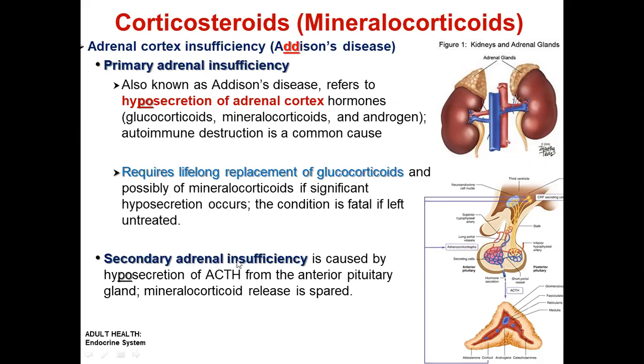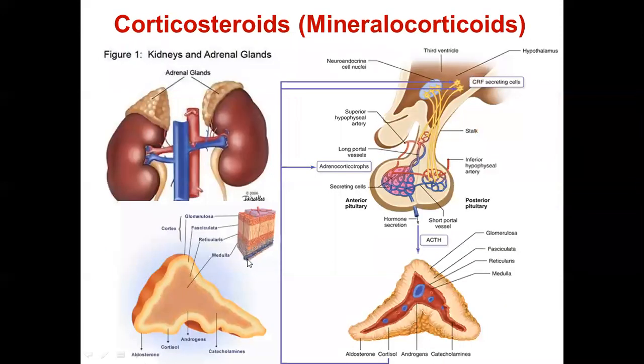So secondary adrenal insufficiency, if we go to this picture, secondary means the function or secretion of the adrenal cortex or adrenal medulla is controlled by ACTH, and ACTH is secreted from the anterior pituitary.